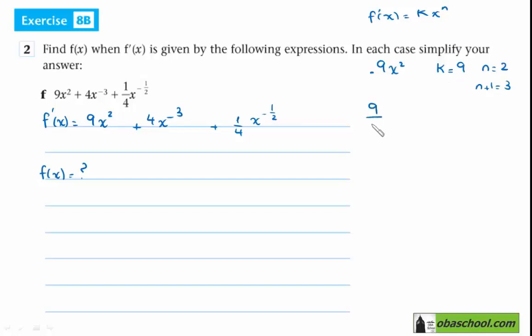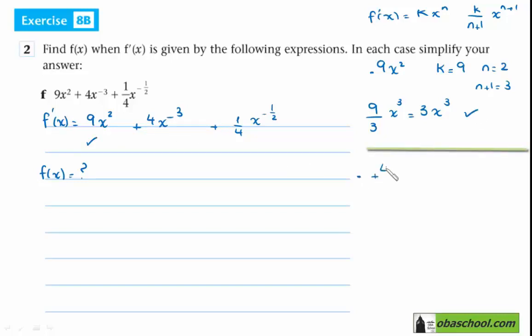The integration of the first term is 9 over n plus 1, which is k over n plus 1, multiplied by x to the power n plus 1, that is, in this case, 3. After simplification, 9 by 3 is 3 multiplied by x to the power 3. This is the integration of the first term.